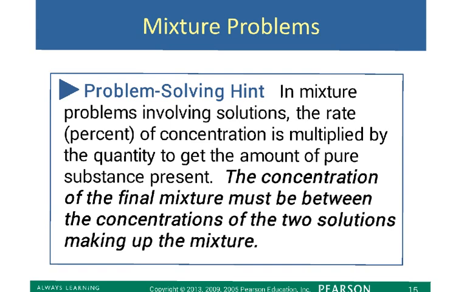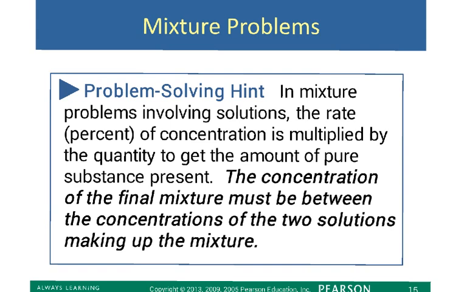So you'll see in the next example that we're going to be dealing with mixing solutions together, and they each have a concentration. And then this hint right here: the concentration of the final mixture must be between the concentrations of the two solutions making up the mixture.